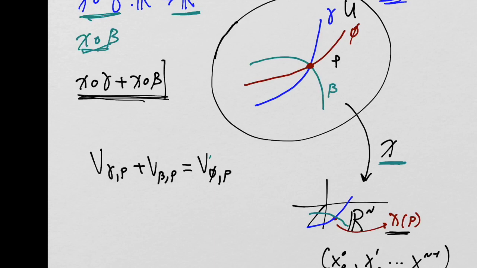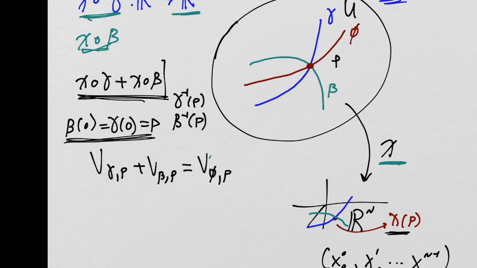This sum evaluated at gamma inverse of P, which would be the same as beta inverse of P, right? Because we always set these curves up so that beta of 0 equals gamma of 0, which will equal P, right?